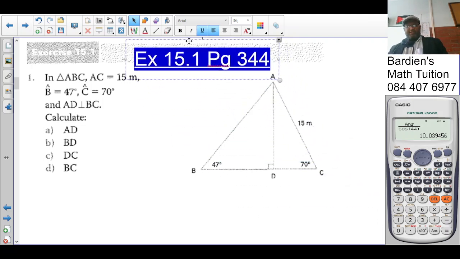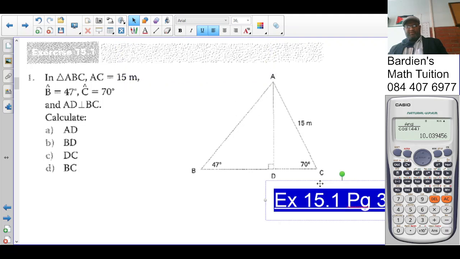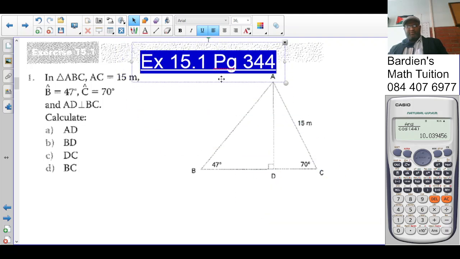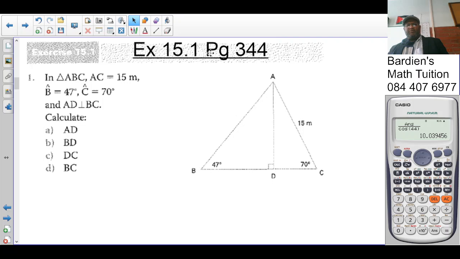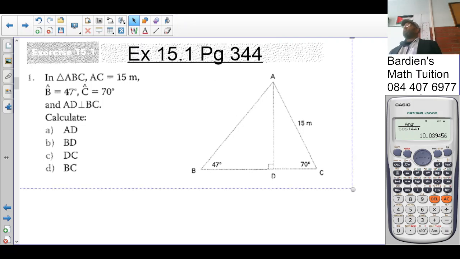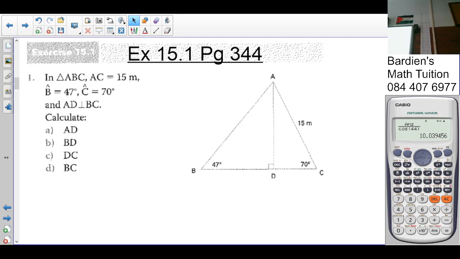Right. Draw this diagram quickly and give the reference there on top of your question. Always write which exercise it is coming from and the page number and all of that. So we don't write the full sum down. When you do your studying, you do it in conjunction with your teacher. That's all.